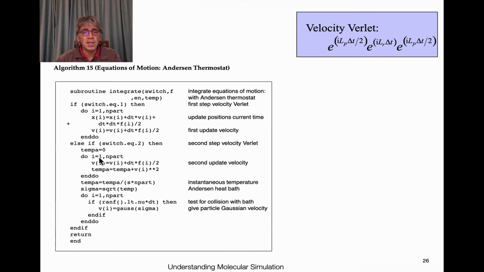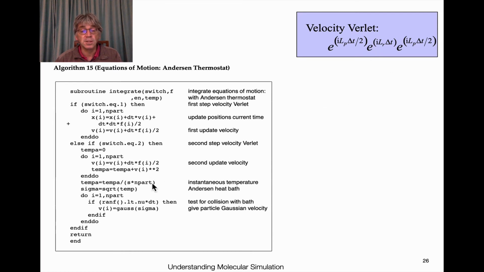If the switch is equal to 1, we have this loop in which we select a probability that we get a collision with the Andersen daemon, and then we take the new velocity from a Gaussian distribution. Otherwise, you just update the velocities normally using the velocity-Verlet algorithm.